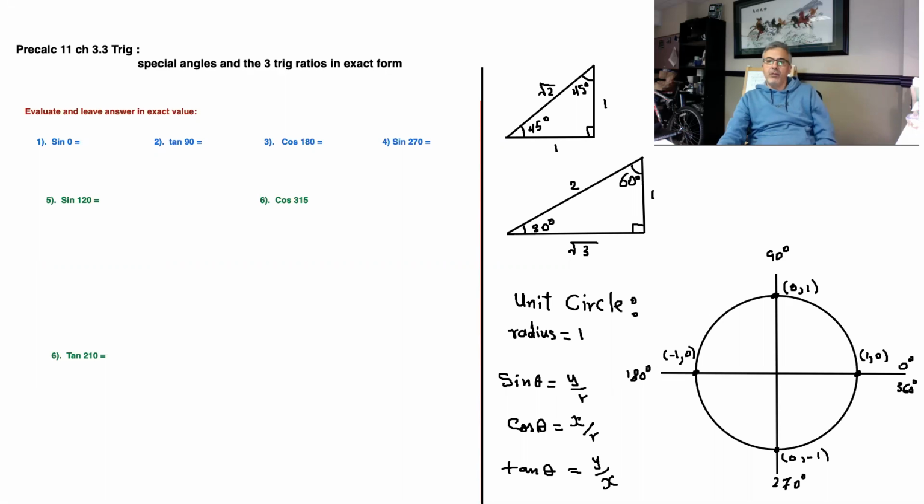With the unit circle, just always remember the radius of the unit circle is 1. And then these are your points. So here the x value is 1 and the y value is 0.